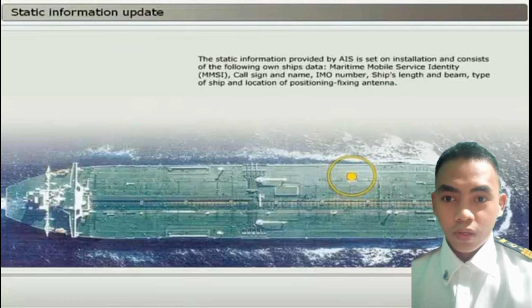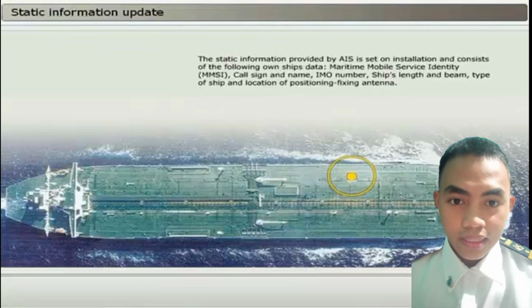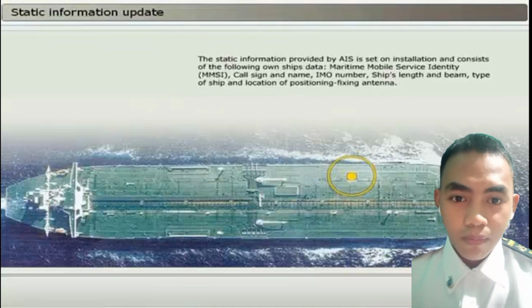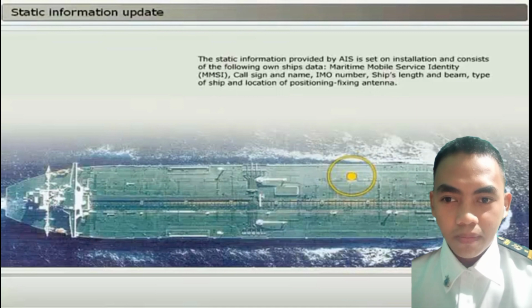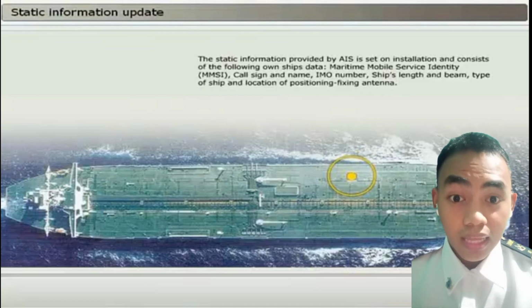The static information provided by AIS is set on installation and consists of the following: own ship data, Maritime Mobile Service Identity or MMSI, call sign and name, IMO number, ship's length and beam, type of ship, and location of the position fixing antenna.